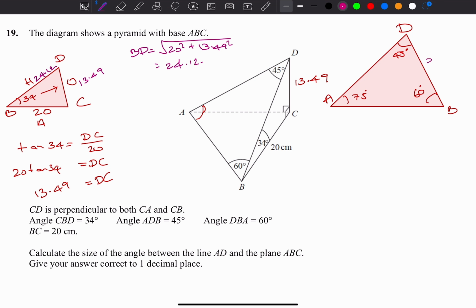So that is 24.12. And I better find this one, AD.